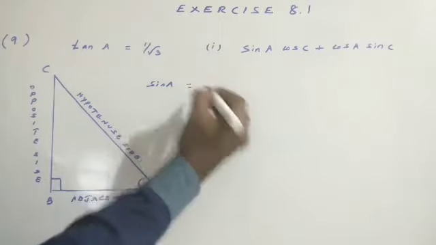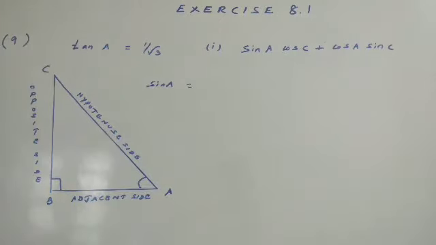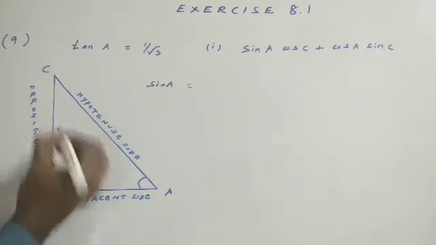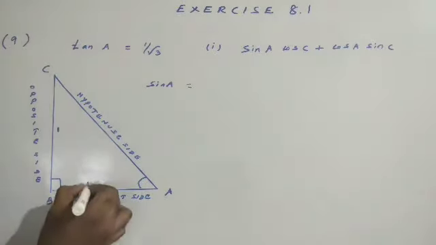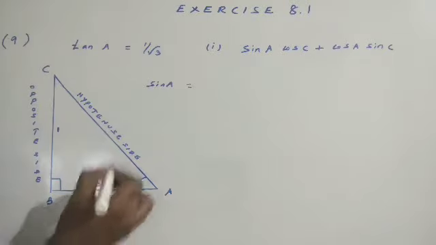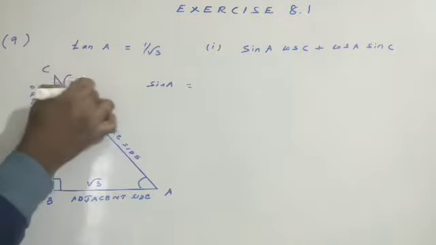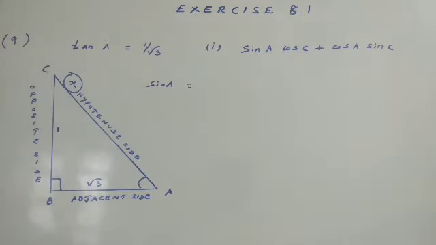Sin theta means opposite side by hypotenuse side. First, tan theta equals opposite side by adjacent side. So here the opposite side is 1, the adjacent side is root 3. We don't know the side CA, that is the hypotenuse side, x.